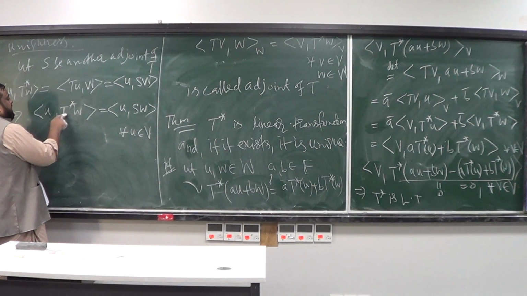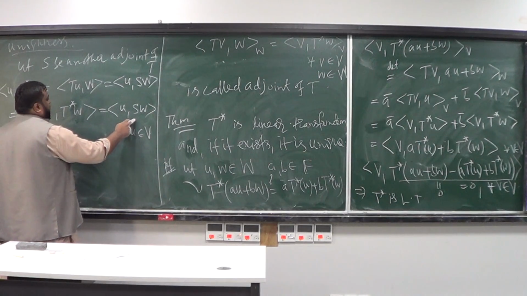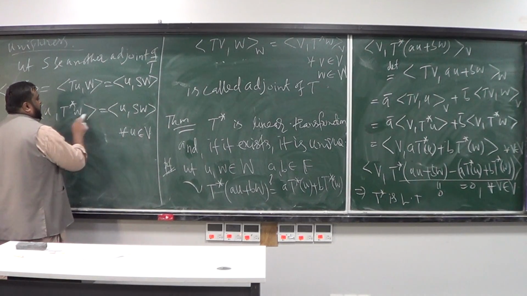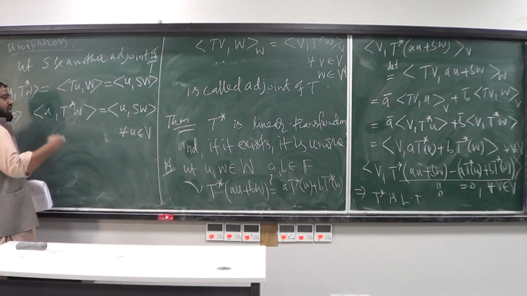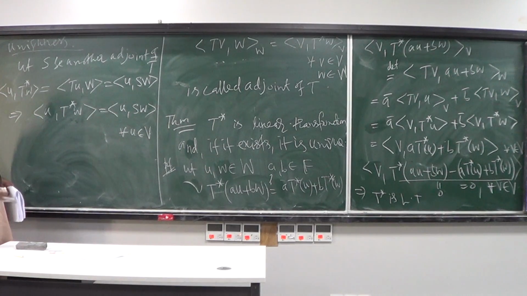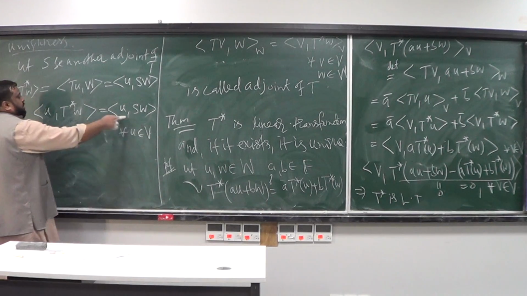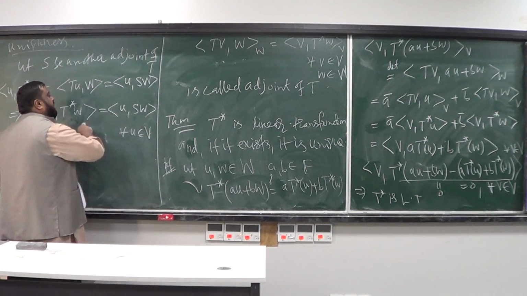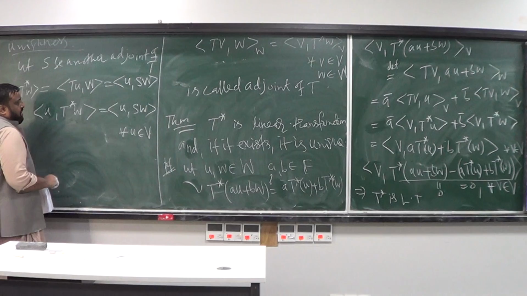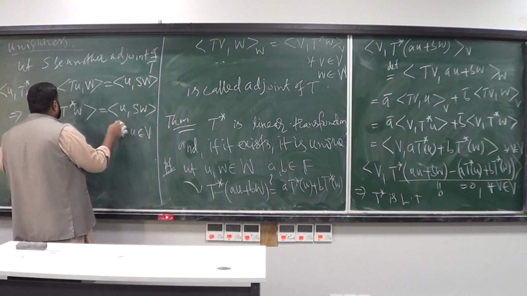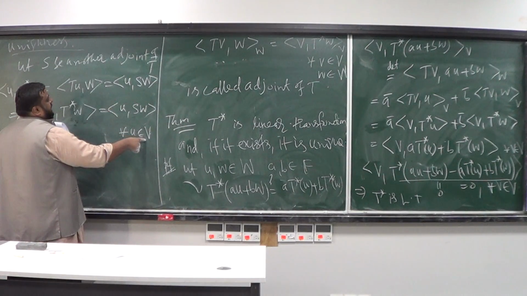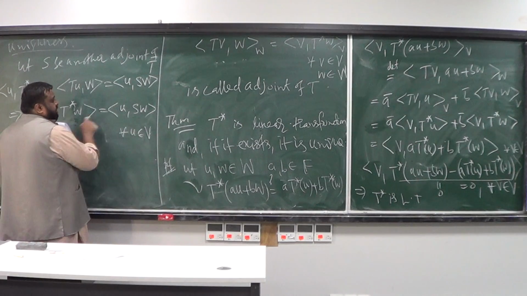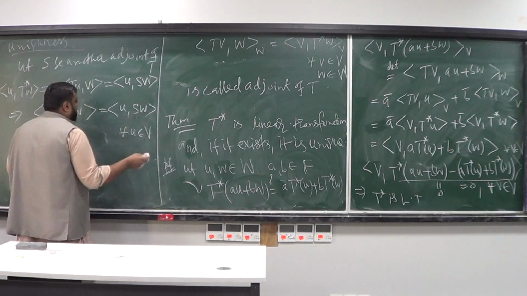inner product with T star of W minus SW, and since this T star of W minus SW is orthogonal to every single vector in the vector space V, the difference must be equal to 0, and hence these two should be equal. So if such an identity holds for all U in the inner product space V, then these two should be equal. Actually, there is no other choice.